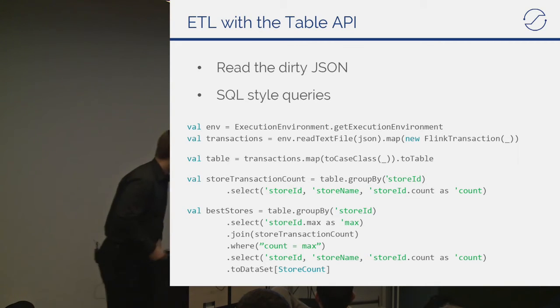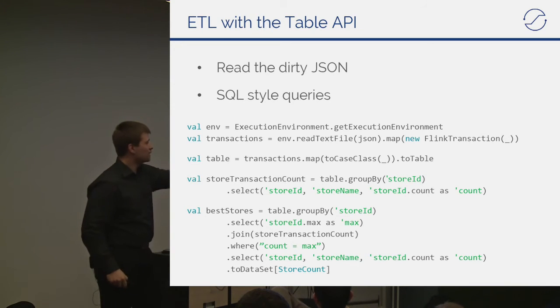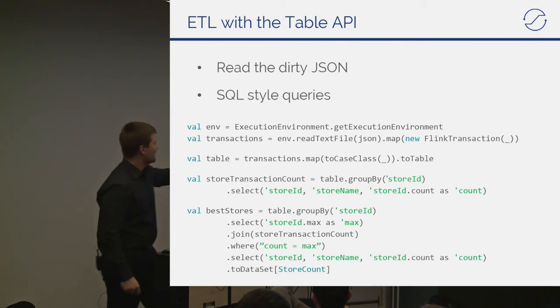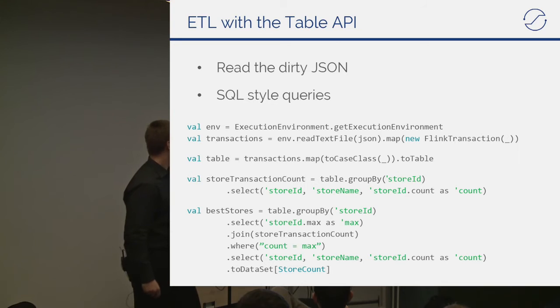Maybe we have our stores as a store ID, a store name, and a count of how many transactions they had. And from our transactions data set, to convert to a table, all we need to do is a little bit of playing with the rough edges of the table API, which are to be lifted. And then we group by store ID. We select all the fields that we need. This should be very familiar from SQL.